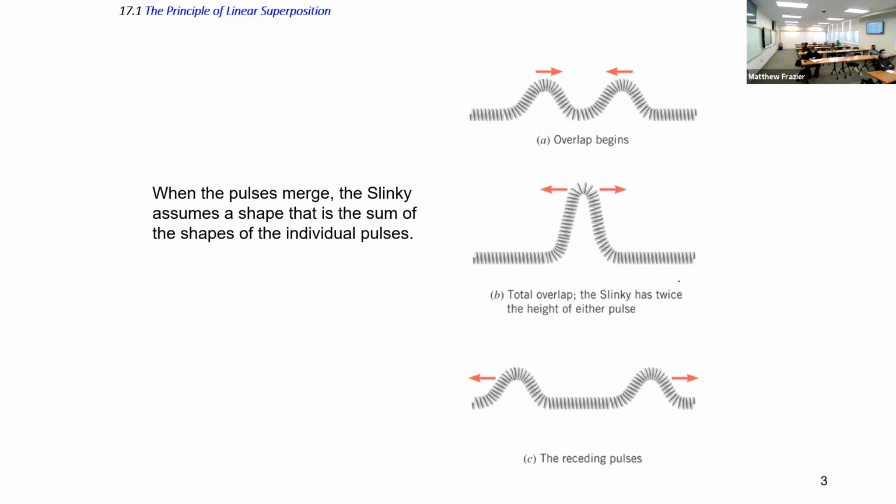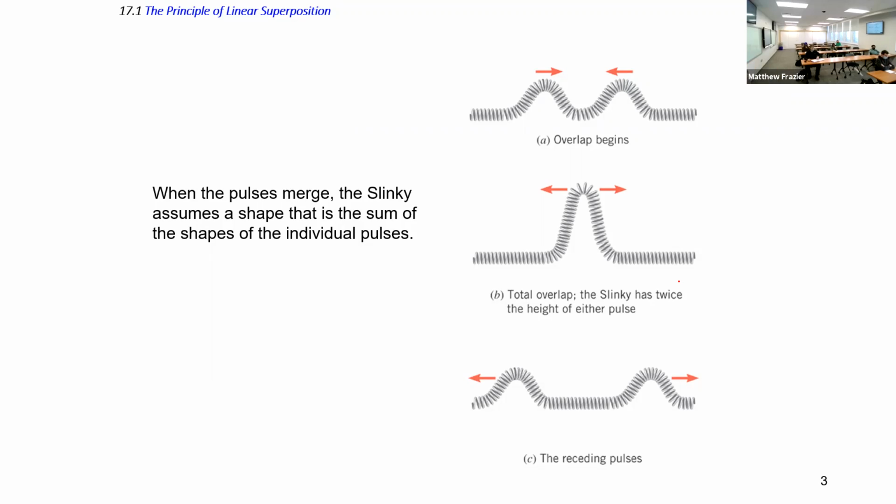What you saw in the lab, we're just going to claim is essentially going to happen for all waves, even though you only saw it for pulses. When waves meet in phase, which means their crests line up and their troughs line up, their amplitudes when they meet have the same sign.